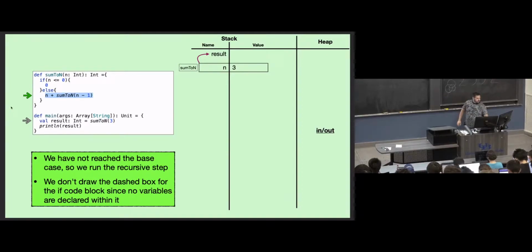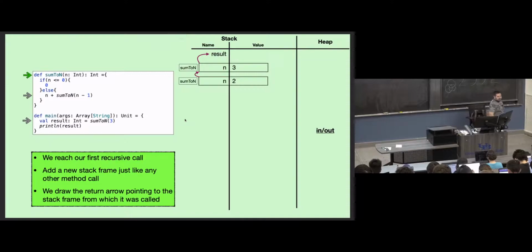So I'm not drawing my dashed box, and then I'm going to have a stack frame for this method call. Our stack frames never go inside each other. A new stack frame will always go at the next available space in the stack outside of any other stack frame. They are completely independent of each other, and we denote that by drawing them completely separate.